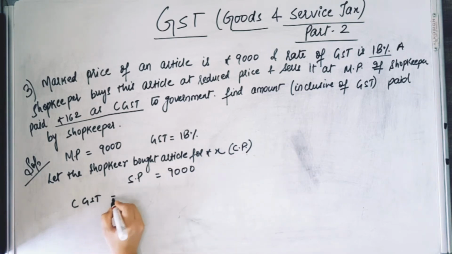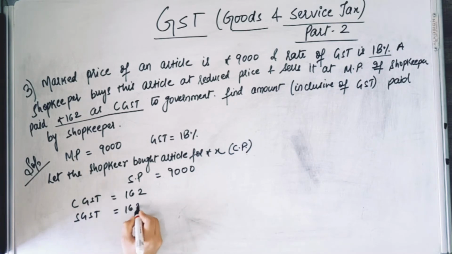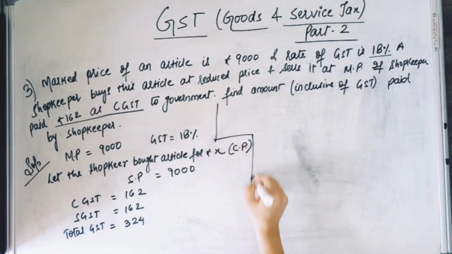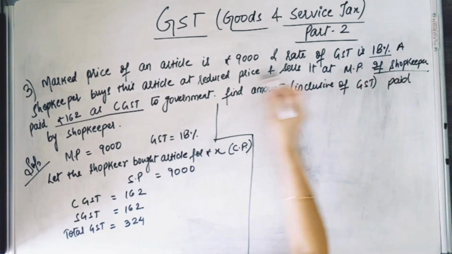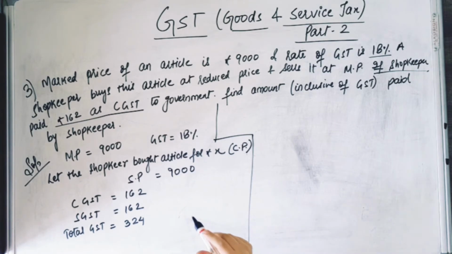CGST is given to us, that is 162. So SGST will be also 162. So total GST will be what? 324. Now total GST what he paid is what? 324. If shopkeeper paid 162 as GST.